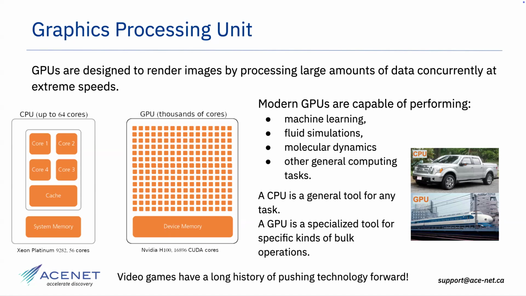Although most modern CPUs are equipped with integrated GPUs, the performance of these integrated GPUs as compared to discrete GPUs is much lower. So what's the main difference between CPU and GPU, and why are GPUs so fast?